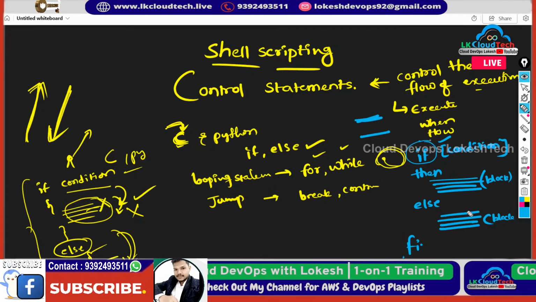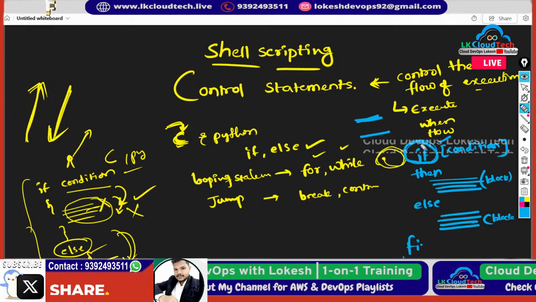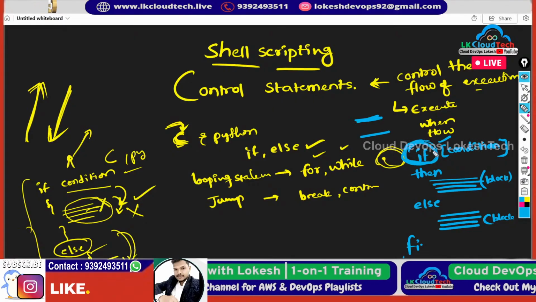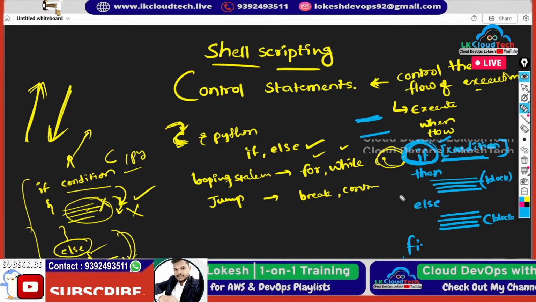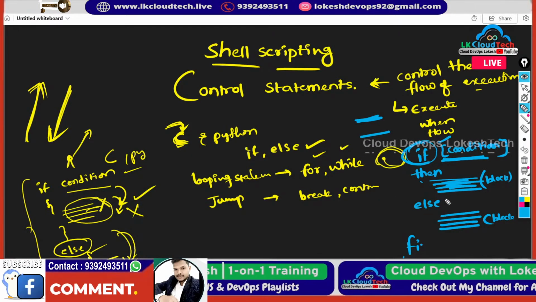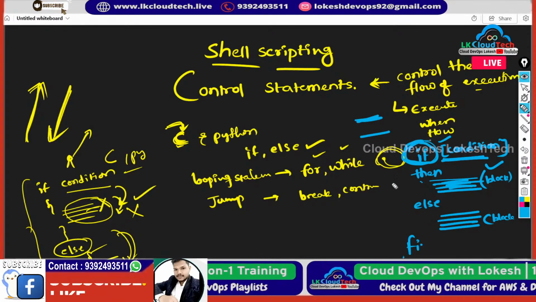In this condition, first we write if. The standard method is like this: first we write the if condition, and in the if condition we have to mention it like this. Then you need to write the block. If it is true, then it will execute the first block, only if it is true.